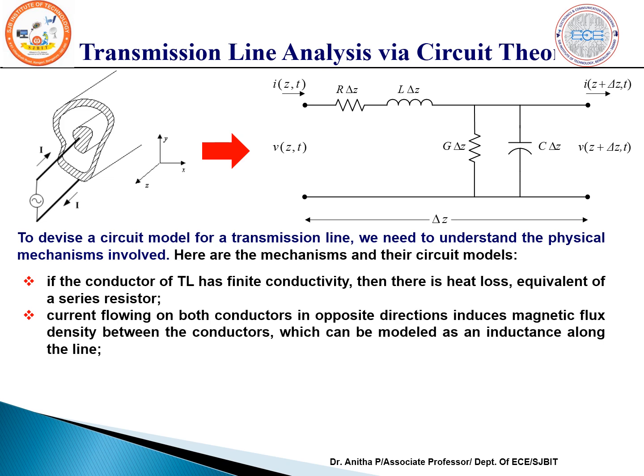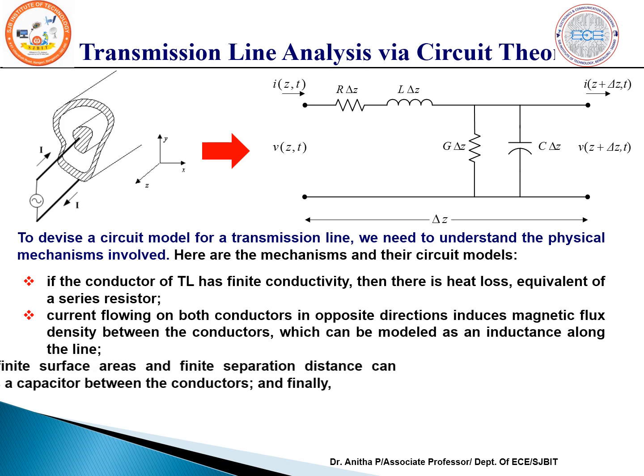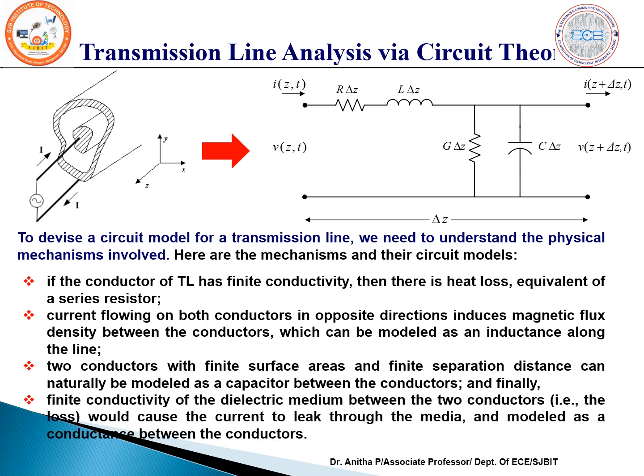That magnetic flux density you can represent as an inductance, L value. And the conductor with a finite conductivity has a loss, a heat loss, that can be represented as an equivalent resistance. Similarly, the capacitance and conductance, these two represent the losses.